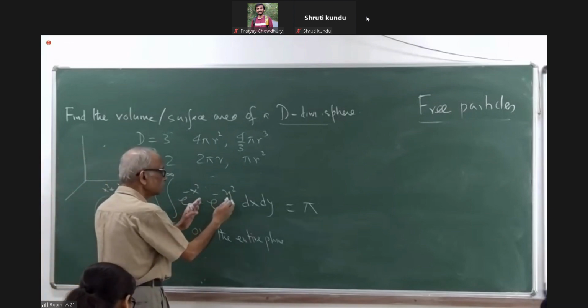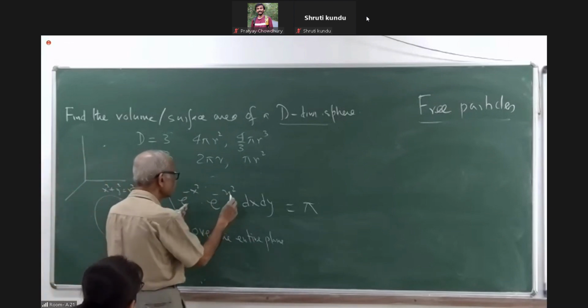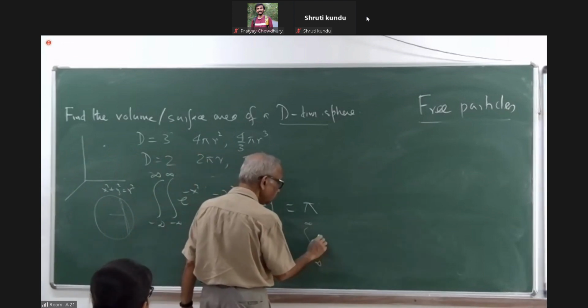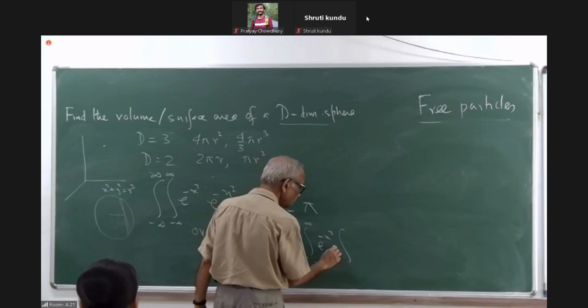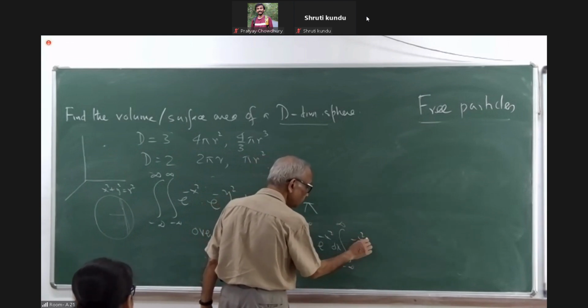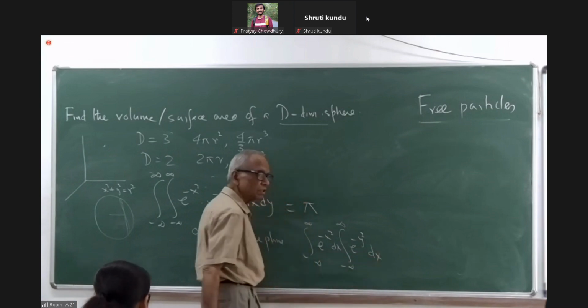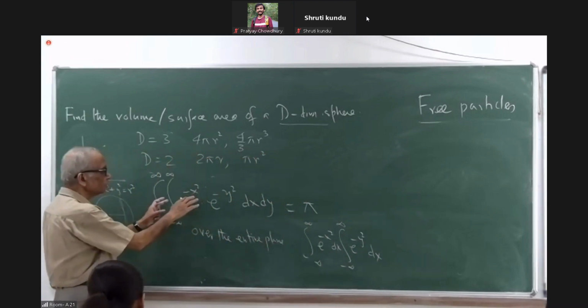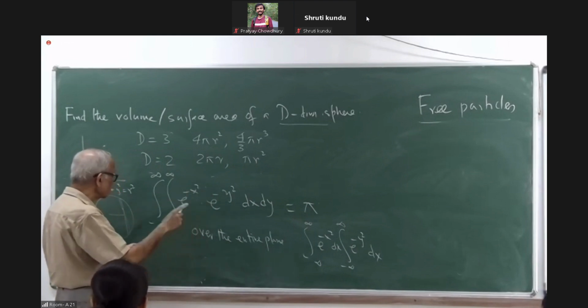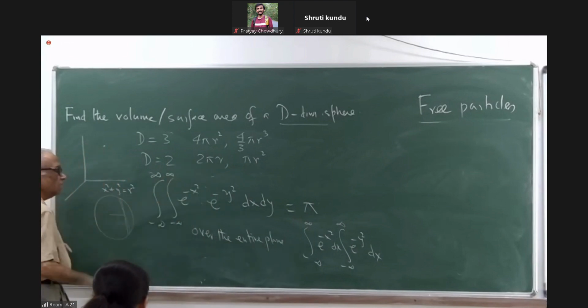And these integrals factor: the integral from minus infinity to plus infinity of e to the power minus x squared dx, times the integral from minus infinity to plus infinity of e to the power minus y squared dy. So this function, e to the power minus x squared minus y squared, has been integrated over the entire plane.